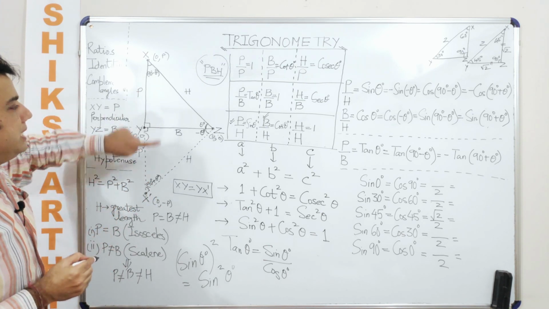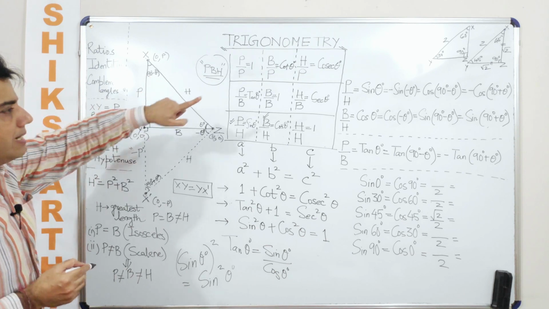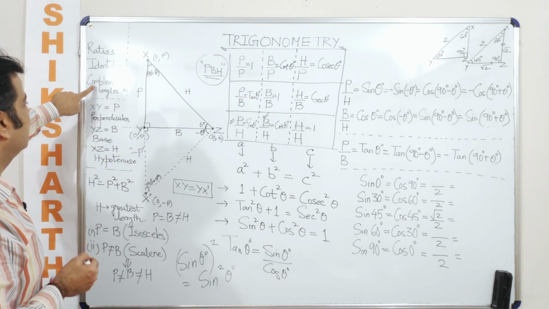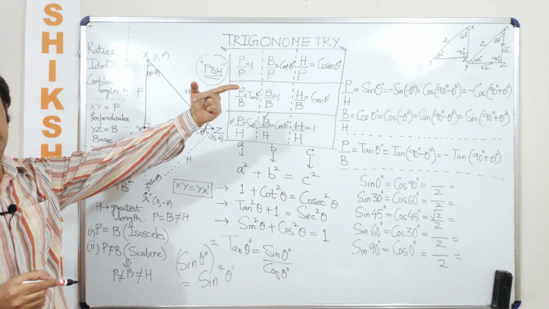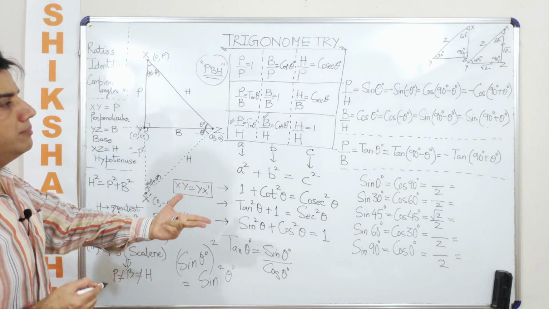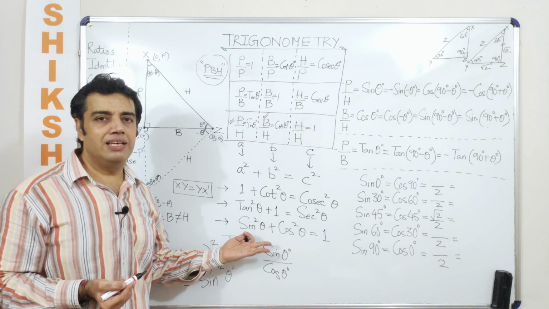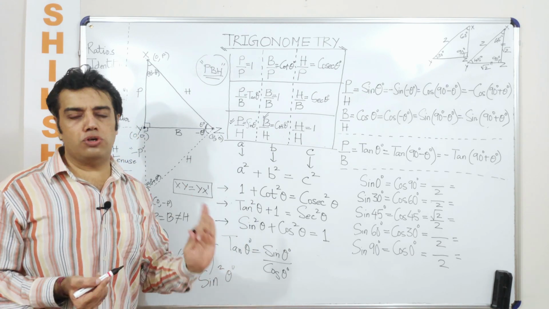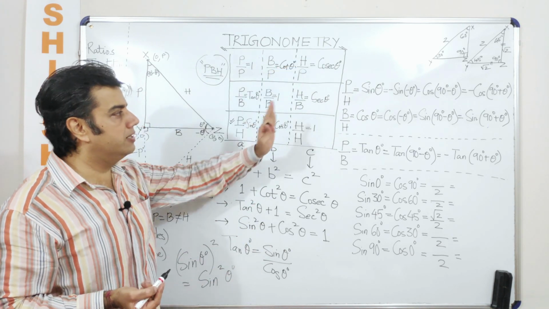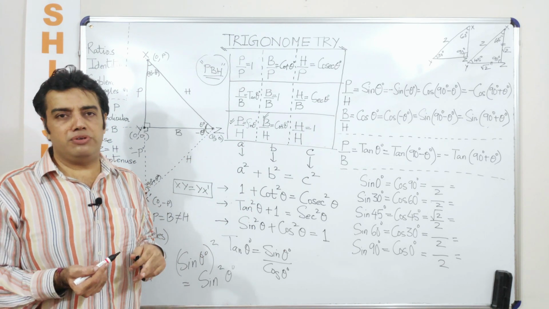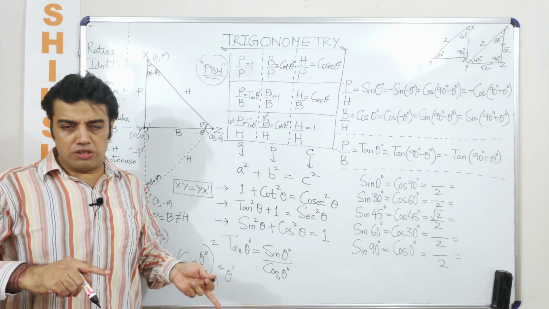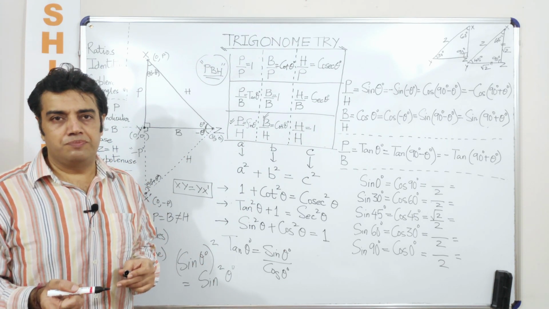Now, why is this being done? This is being done so that you can establish the formulas. Which formulas? Complementary angle formulas of sine theta, cos theta. And once you are able to establish the formulas for sine theta and cos theta, as discussed earlier, you can deduce tan, cot, cosec and sec if you know the relationship between sine and cos and the others.